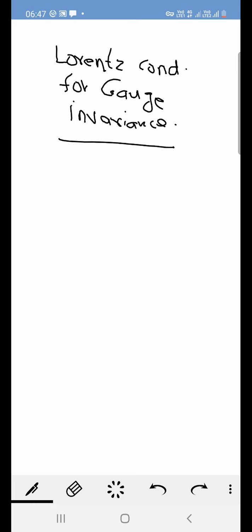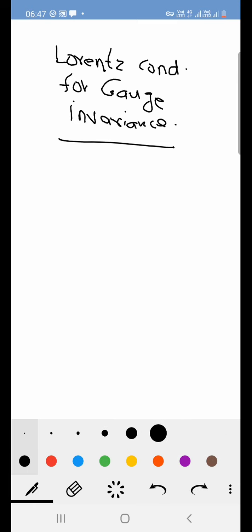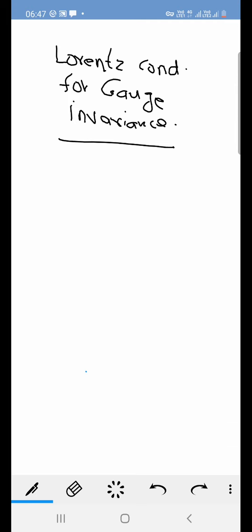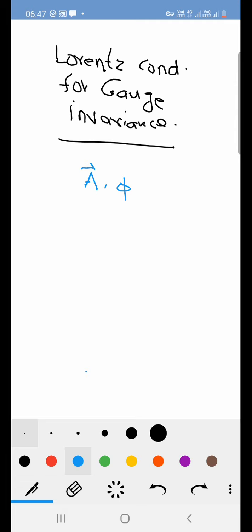Actually this is electrodynamics. Now, those who have a little idea of electrodynamics already know that in electrodynamics we have a vector potential and a scalar potential. Now you can represent the vector and the scalar potential in an equation in the following form.